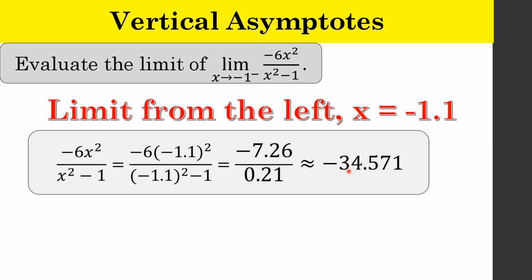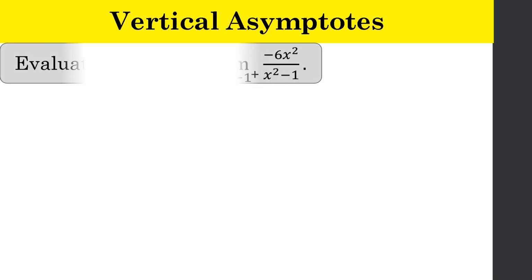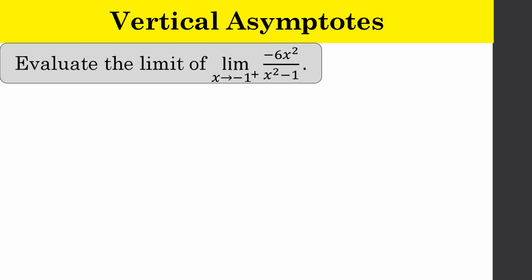So i-reject lang natin yung number na nakuha natin. We will look only for the sign either positive or negative. And then we can conclude that the limit of the function as x approaches negative 1 negative is equal to negative infinity.